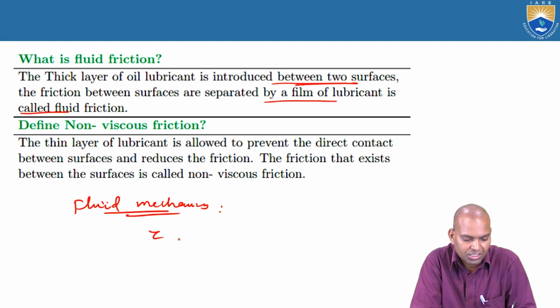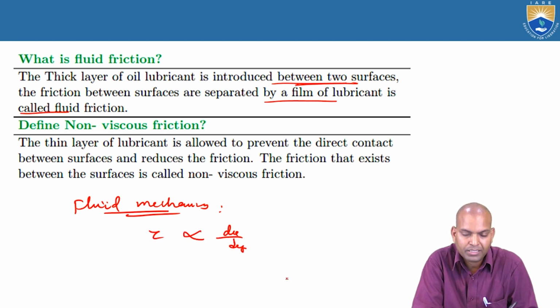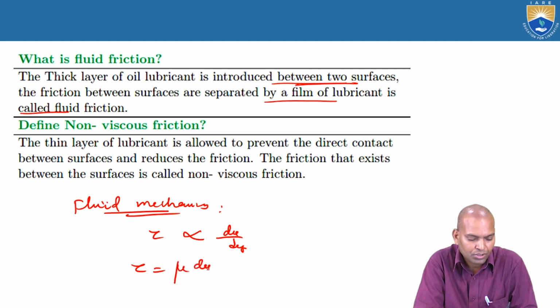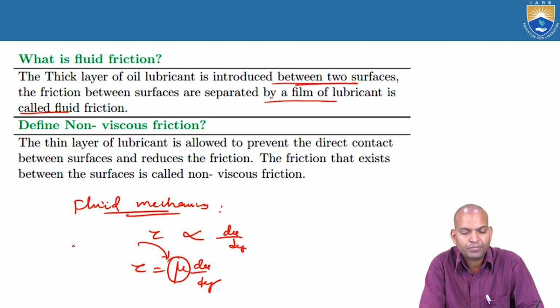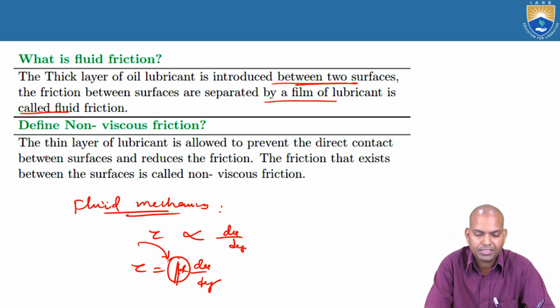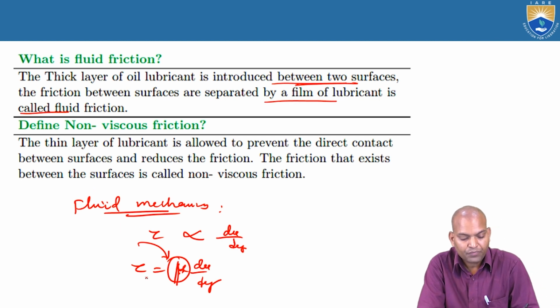The shear stress is directly proportional to the velocity gradient du by dy. Then tau, the shear stress, equals mu times du by dy. This mu is known as the coefficient of dynamic viscosity. Here we denoted the coefficient of friction with mu as well, but the coefficient of viscosity affects the friction value.